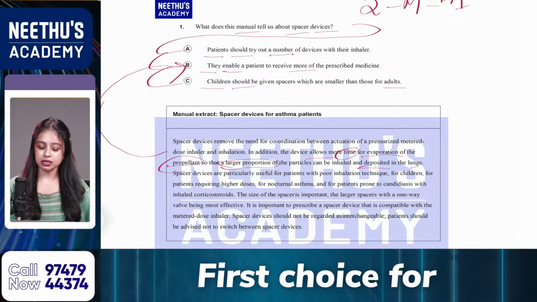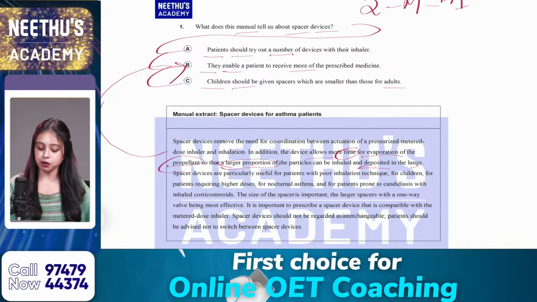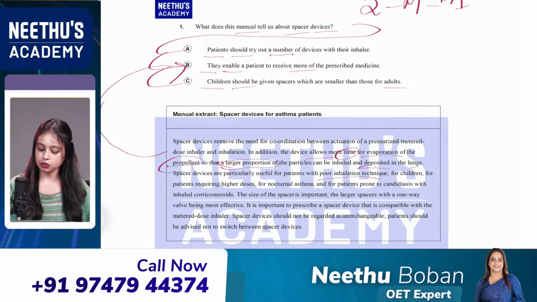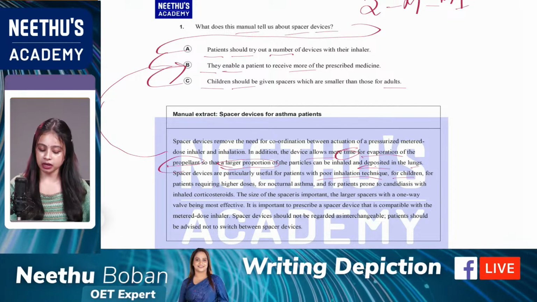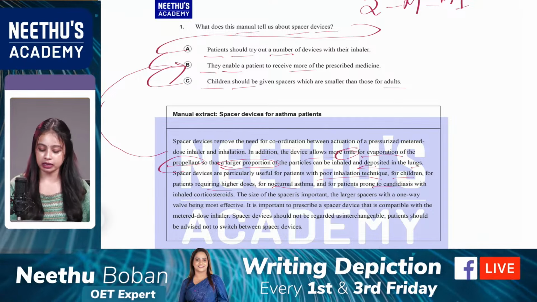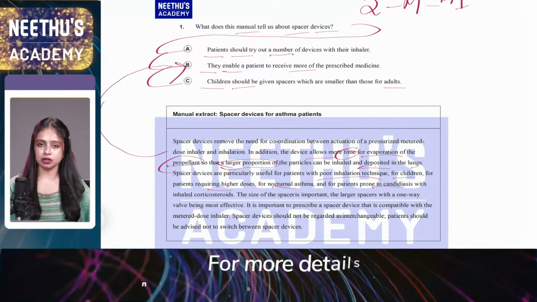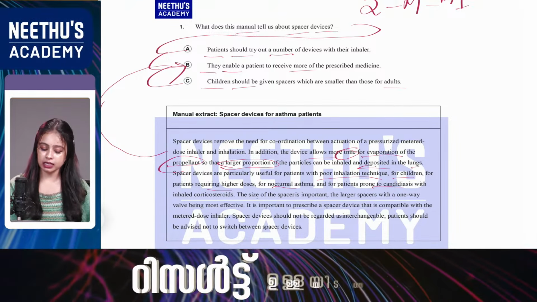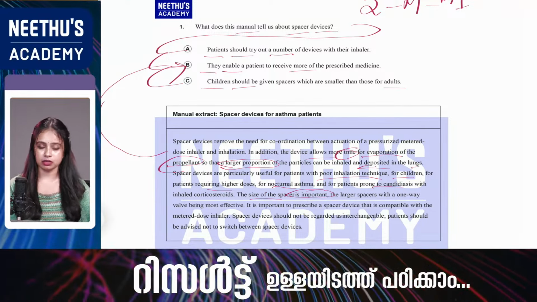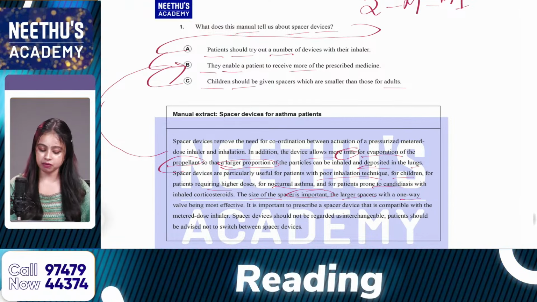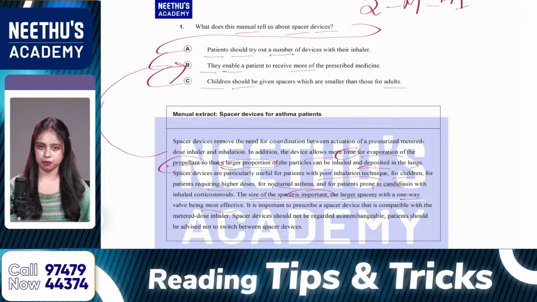Then spacer devices are particularly useful for patients with poor inhalation technique. Then they can be used by children, patients requiring higher doses, nocturnal asthma, and for patients prone to candidiasis with inhaled corticosteroids. Then the size of the spacer is important. The largest spacers with one-way valve being most effective.